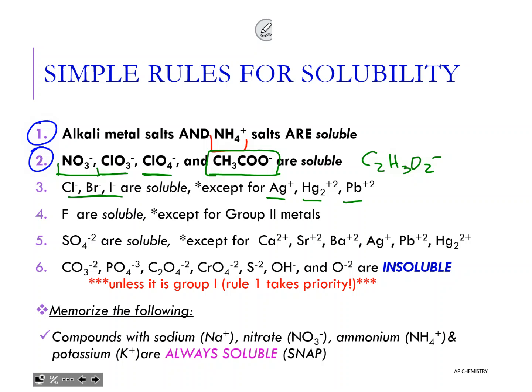It's usually lead or silver that you would see in a problem. And then, of course, sulfates have lots of exceptions. That includes the silver, mercury, lead, but also the barium, strontium, calcium, which are the heavy metals in the alkaline earth group 2. Pretty much everything else is going to be insoluble.